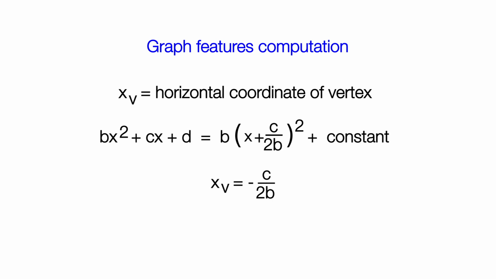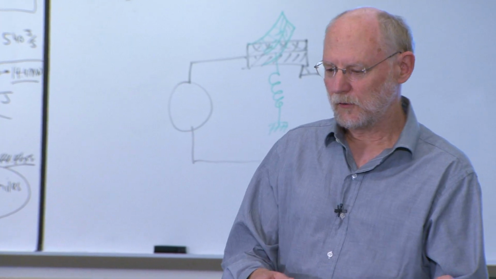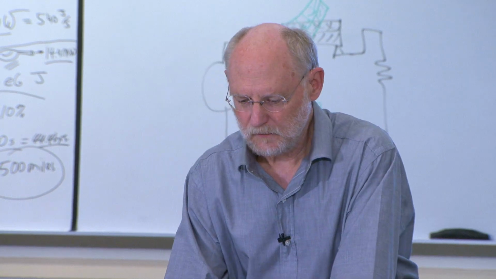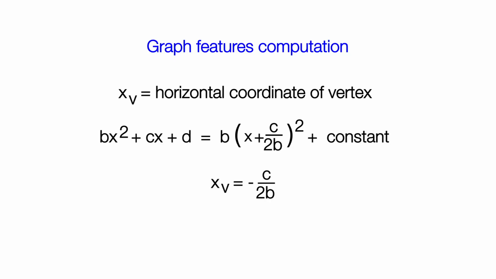You can find that by setting the derivative equal to 0, or you can just do it with algebra, and that's called completing the square. That's this algebraic construction that gets rid of the middle term and writes it inside the square of something. It's got to have this form: x plus c over 2b is the right thing to put there, because when you FOIL it out, it comes out with a cx in the middle.